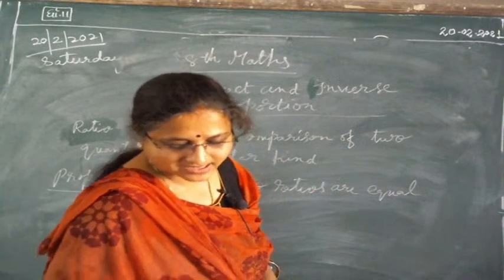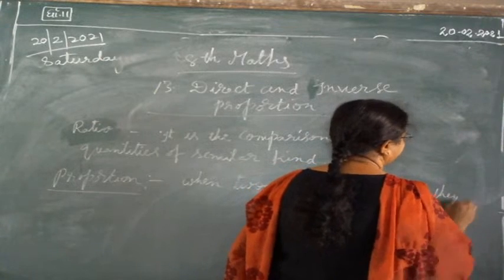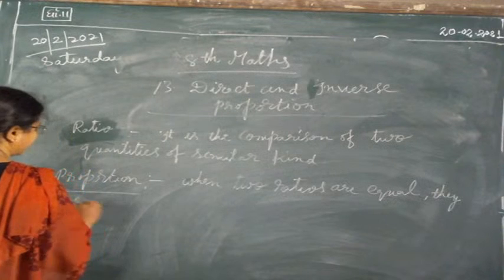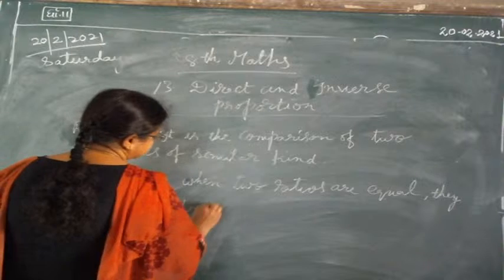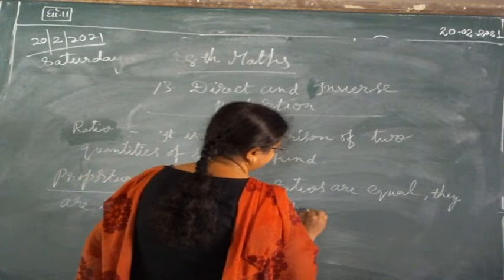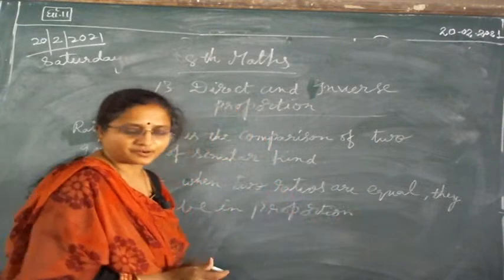When two ratios are equal, we can say that they are in proportion.